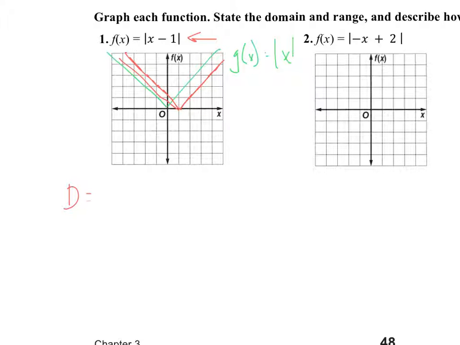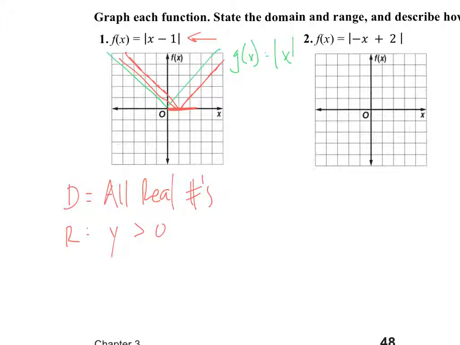Domain, x values, so left to right, how does our graph go? Well, it doesn't stop anywhere, so all real numbers there. Range, up and down, y values. How low does it go? How high does it go? So our graph doesn't get any lower than this point right here. That's 0 on the y-axis, so I want all y values that are greater than or equal to 0.